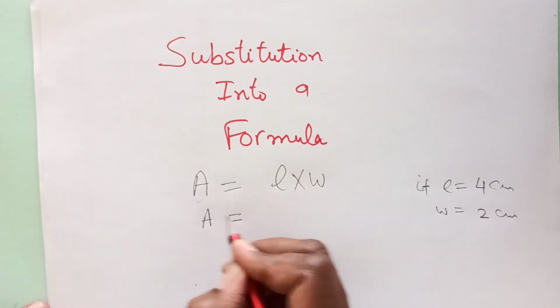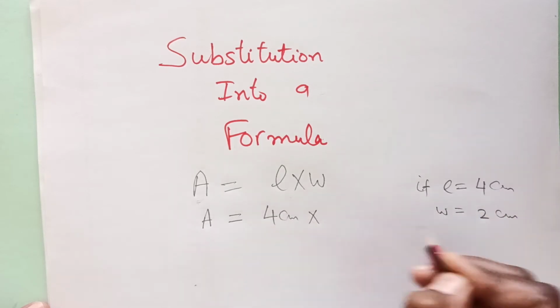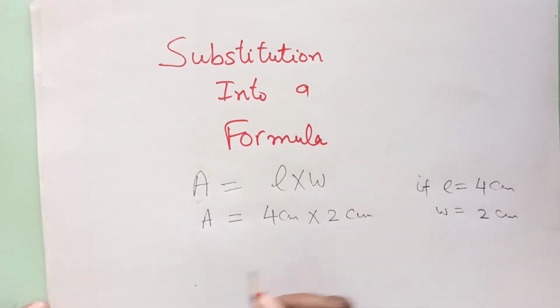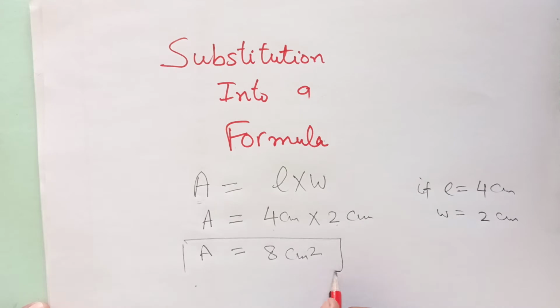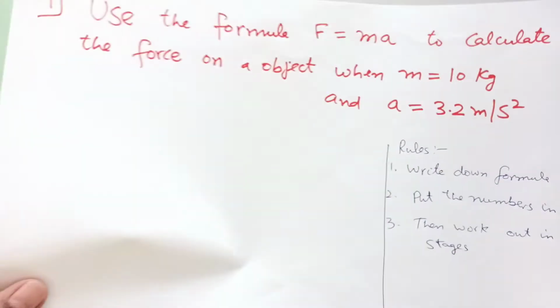So area is length, 4 centimeters, times width, 2 centimeters. So the area of the rectangle will be 4 times 2, 8 centimeters squared. The same way we can do the substitution in the formula as we did in the expressions. So let's do some more examples on that.